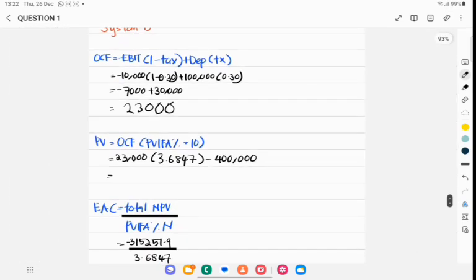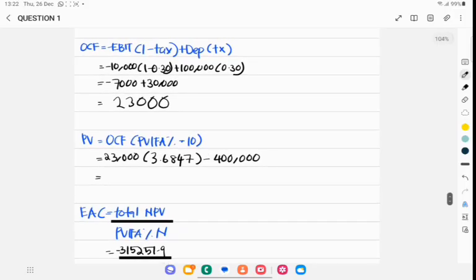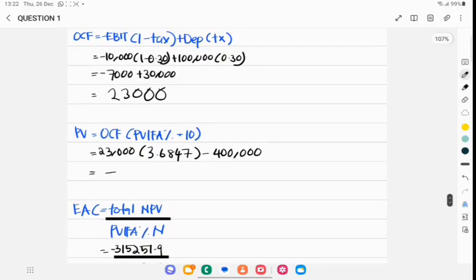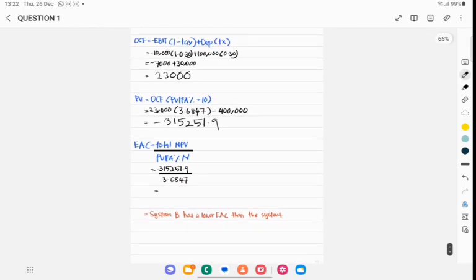Next, we will calculate the PV for system B. The formula for PV is OCF multiplied by PVIFA minus IO. So 23,000 multiplied by 3.6847 minus 40,000. The answer is minus 315,251.9.